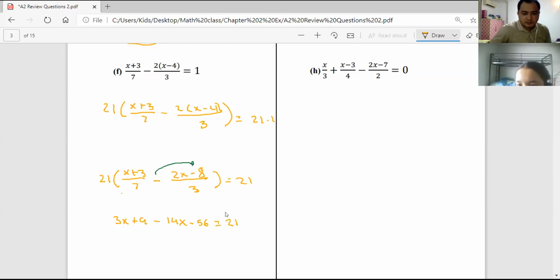So you need to write plus here. 3x. Shahina, simplify. Don't write again. Now we have to simplify the like terms, right? Collect the like terms. 3x minus 14x.